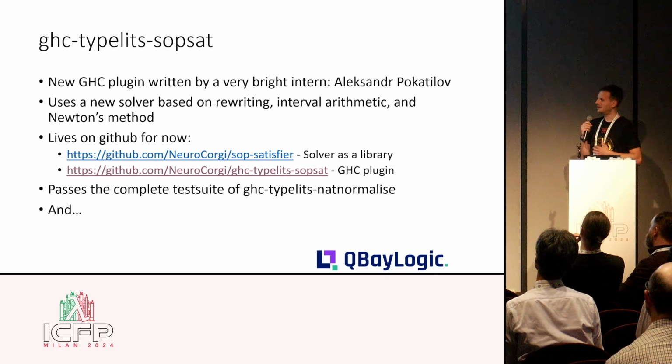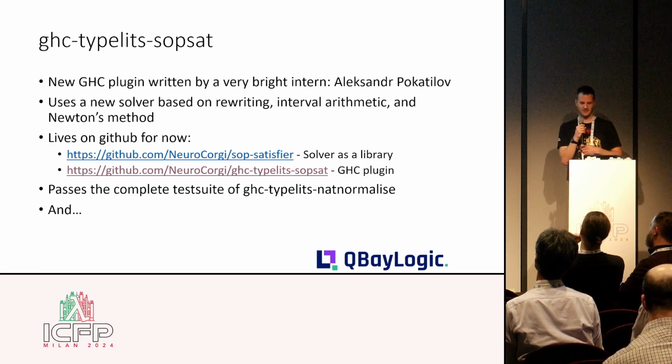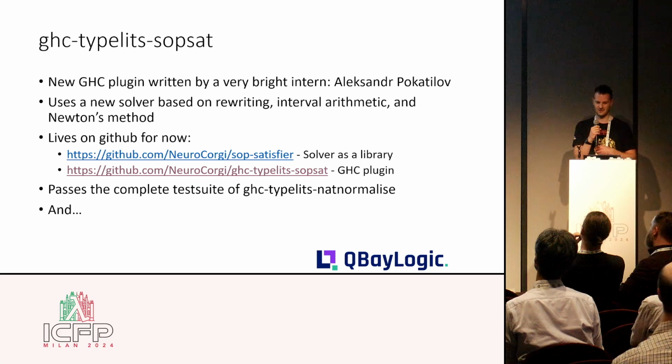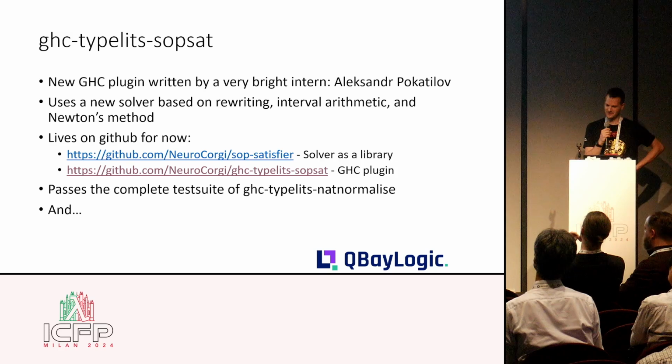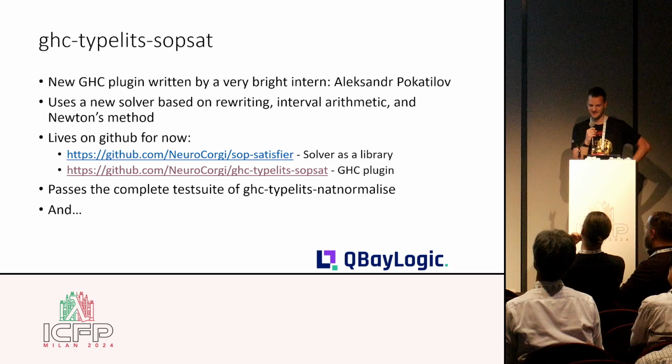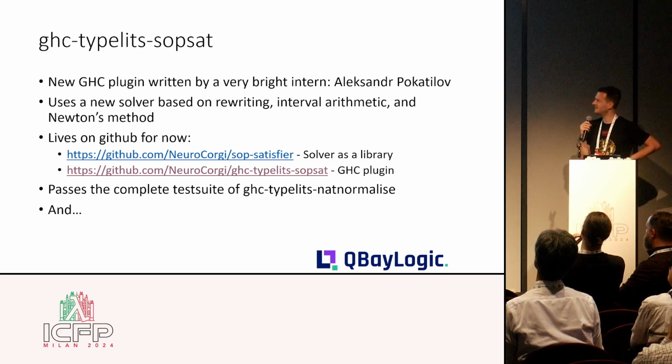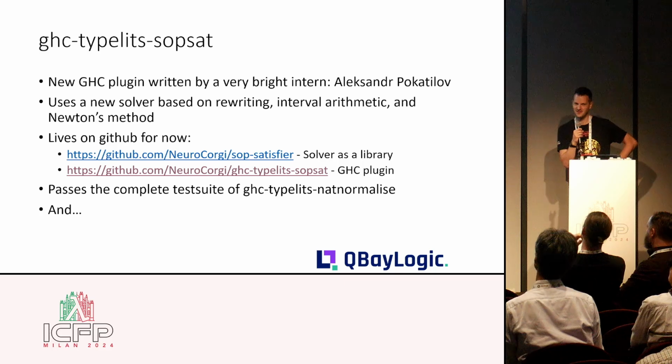So at QBayLogic, we had a quite bright intern, Alexander Pokolitov. He built, I think, 4 plugins over the course of 20 weeks, including this last one. If you've been using ghc-typelits-natnormalise, this will be its replacement.